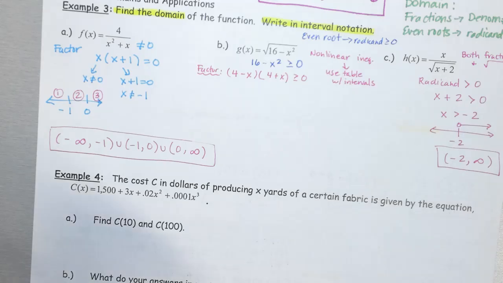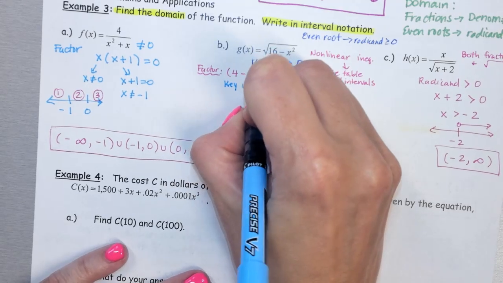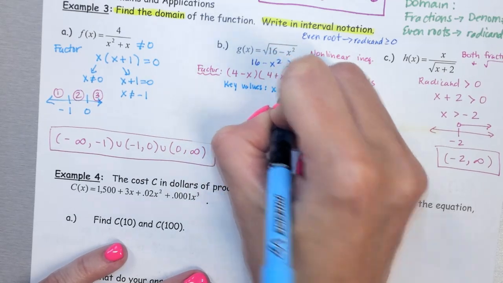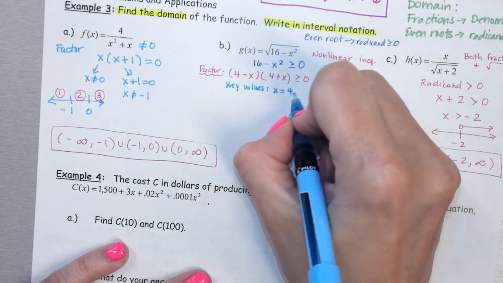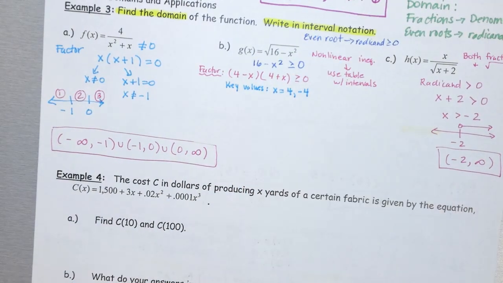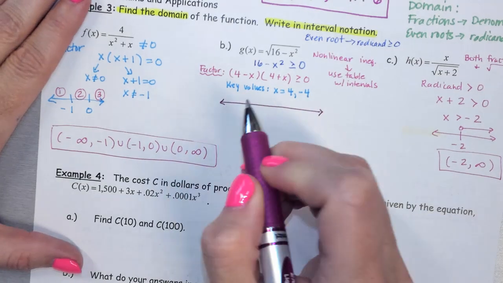Okay, so then your key values are what make those 0. So you could plug in 4 to make the first one 0. You could plug in negative 4 to make the second one 0. And then we're going to set those up on our number line to make our number line table.